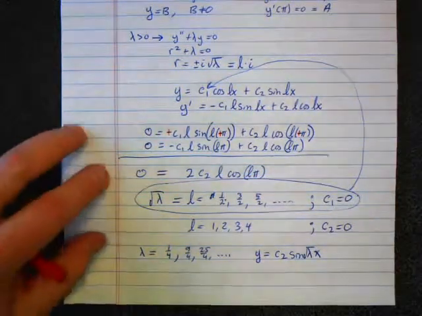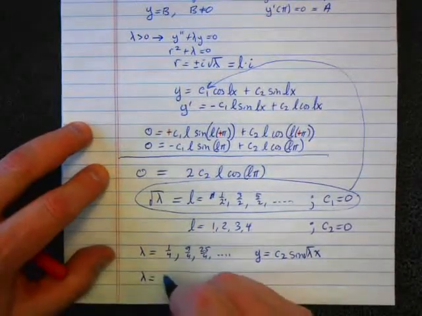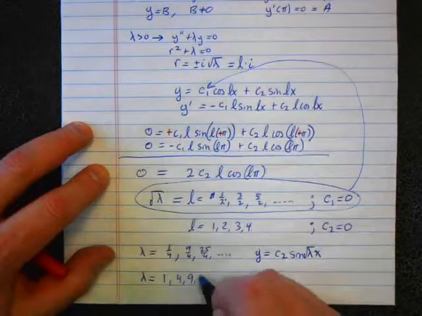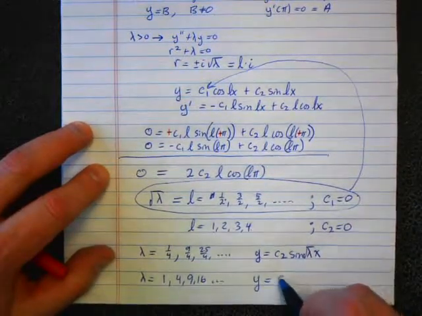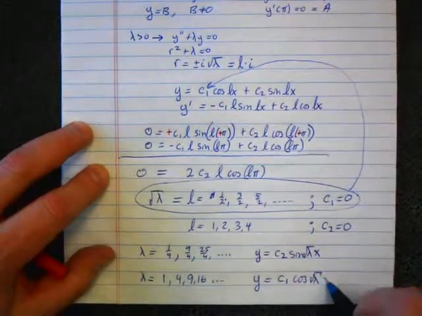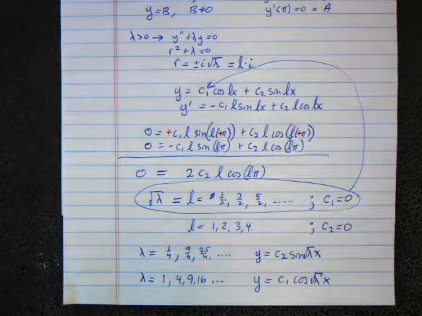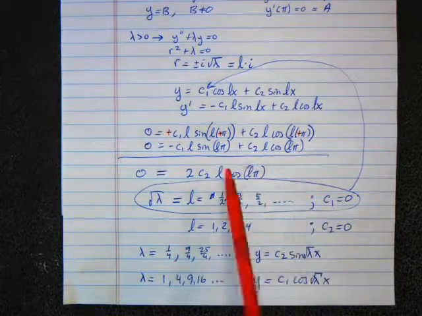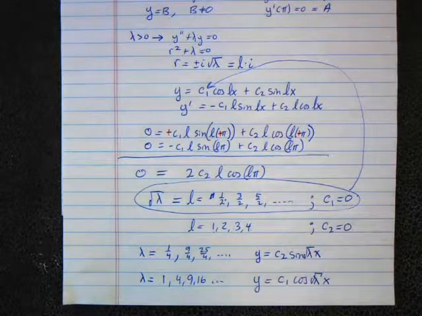Or the other possibility, if L is 1, 2, 3, 4, then lambda is 1, 4, 9, 16. And then Y would be C1 cosine square root of lambda x would be my associated eigenfunctions. So you get different types of eigenvalues depending on what happens, which gives you different types of eigenfunctions.